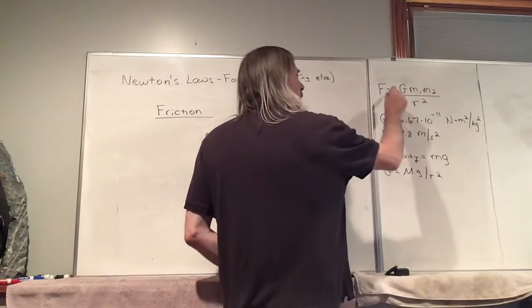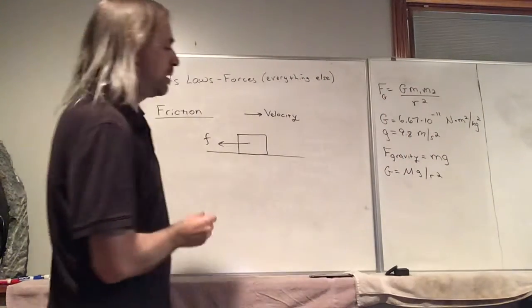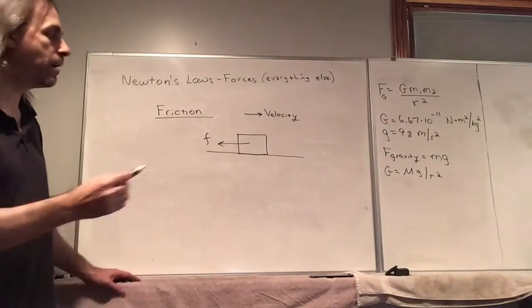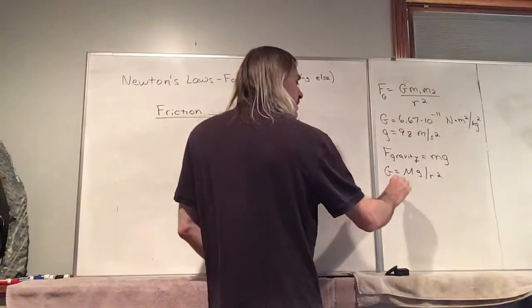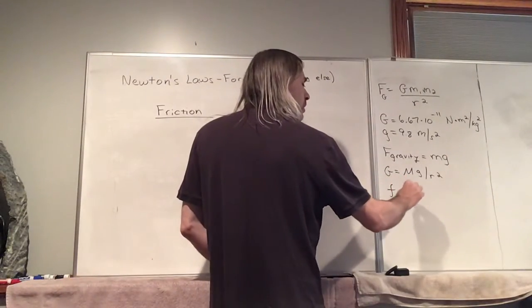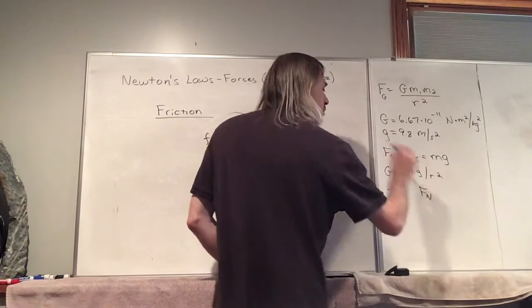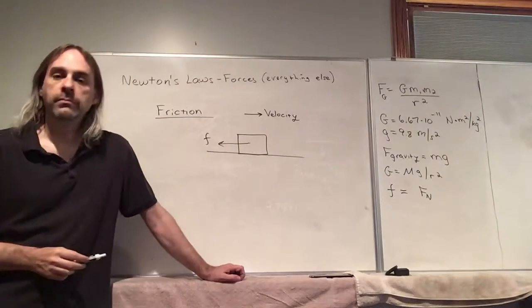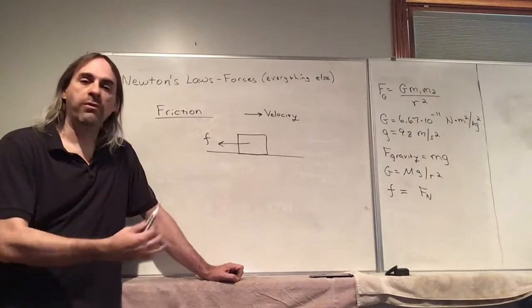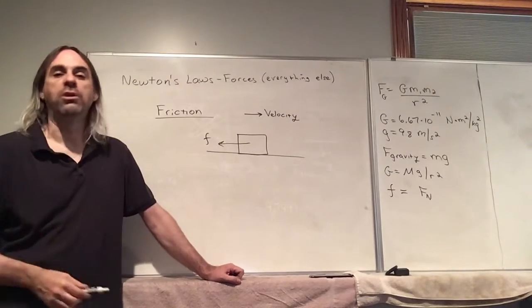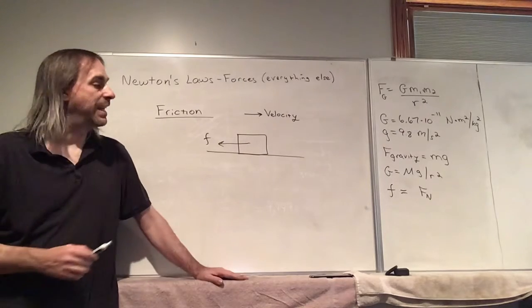Okay, so everything I erased is back, but with a little more room here. And so we can say the frictional force is proportional to the normal force. So if you double the normal force, you double the frictional force. That's what that direct proportion is.